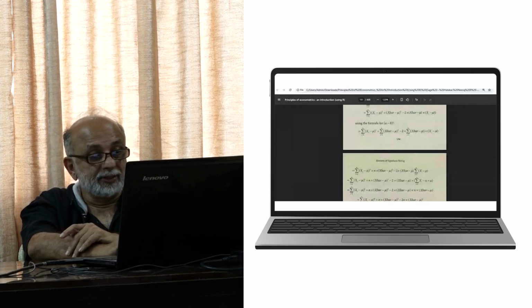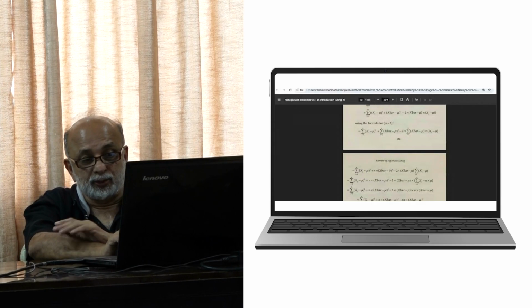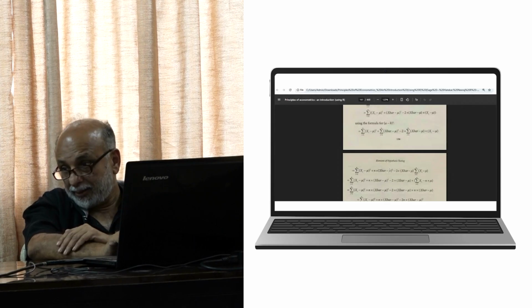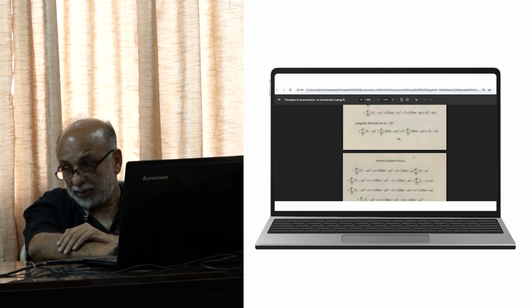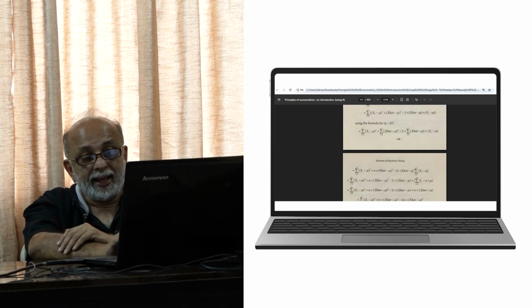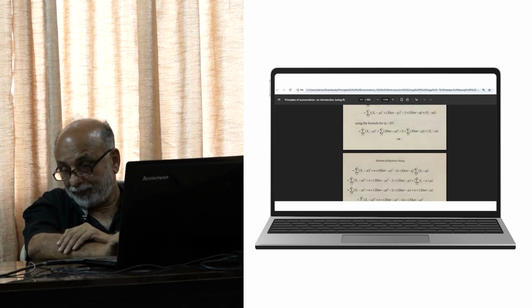So this becomes summation (xi minus mu) square plus n into (x bar minus mu) square. Right? Sure? Into minus 2, (x bar minus mu) is a constant, so it will come out of the summation, and summation (xi minus mu). Everybody gets this?